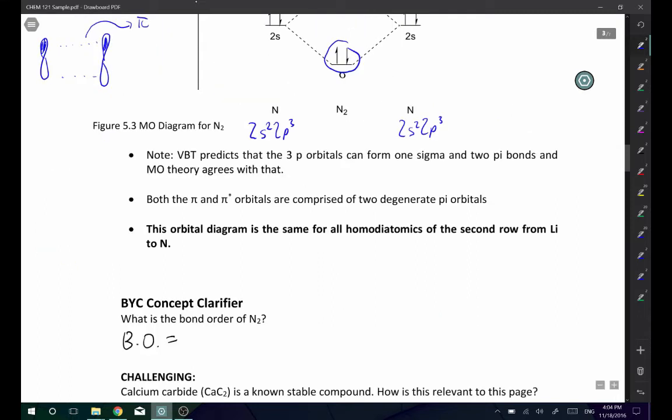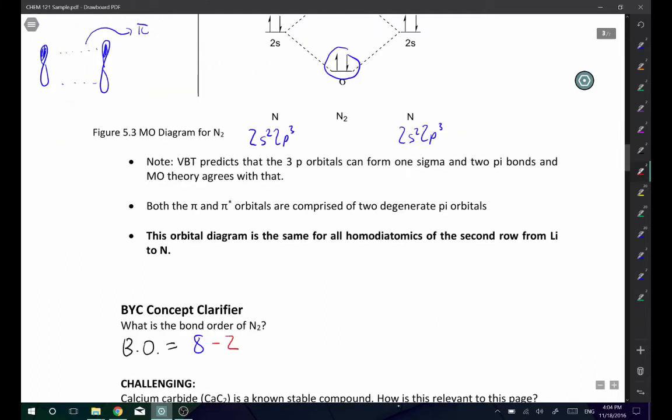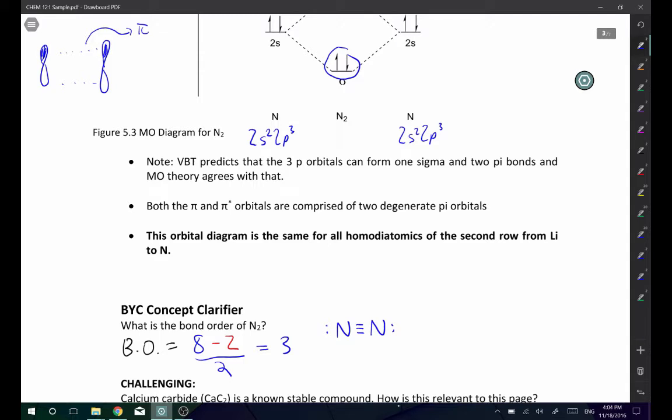How many anti-bonding electrons do we have? I'll use red for anti-bonding. We have 2 here. And that will be divided by 2, as in the general formula, to give us a bond order of 3. So it looks like nitrogen has this kind of structure, and it has 2 leftover electrons here and here, which are irrelevant. The only thing you need to know is the bond order, which is 3 in this case.